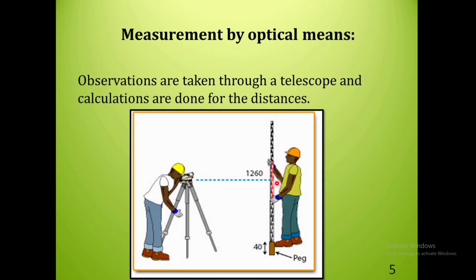For example, this is the point, and this point will be seen by the telescope, and the distance of this point from the ground surface or with respect to some reference point will then be calculated by using certain formulas. So in this, normally the telescope will make an observation, then the distances should be manually calculated.